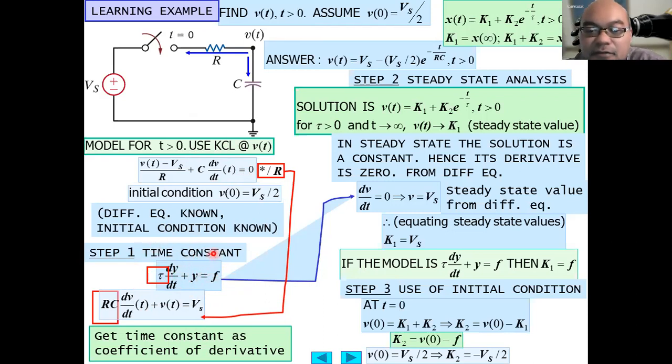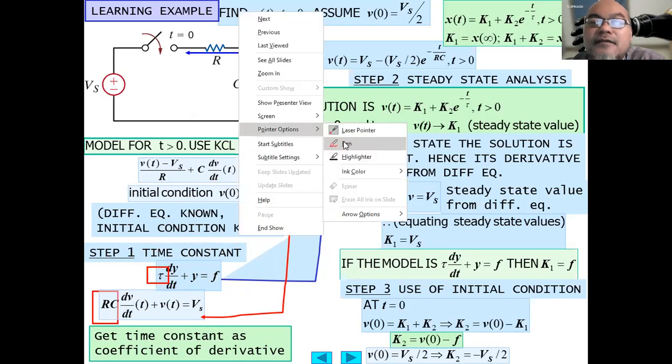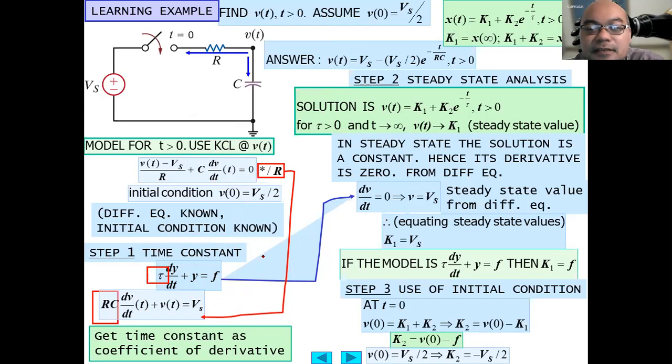We could also have a case where there is no forcing function. In this case, it will be tau dy/dt plus y equal to 0, so f equals 0. When will we have such a case? Anyone can answer?